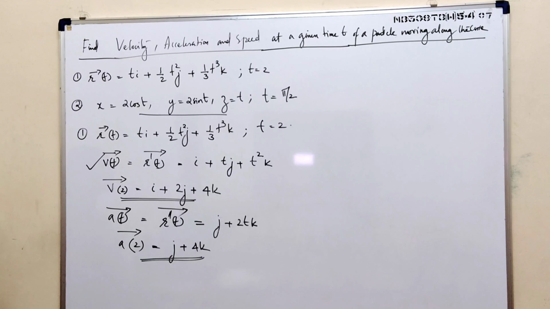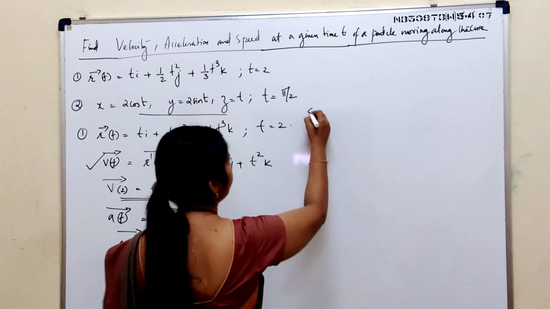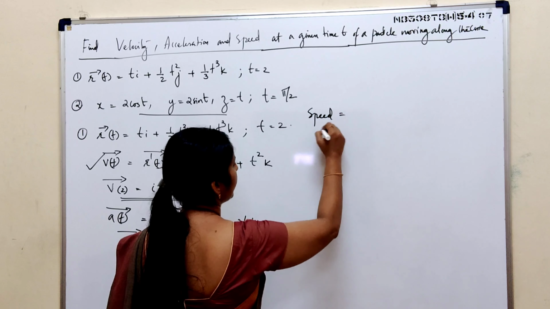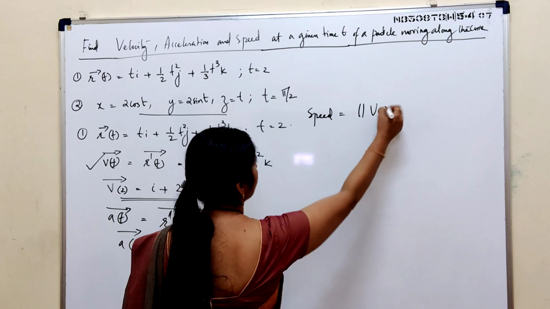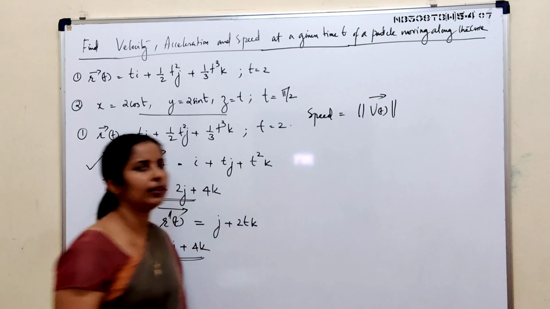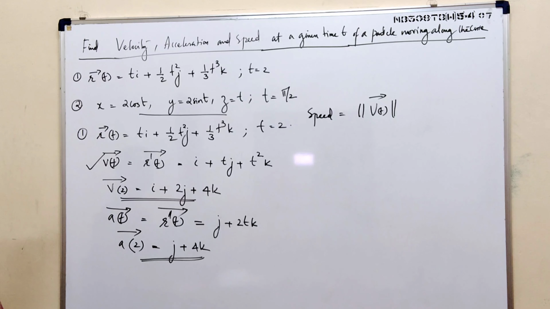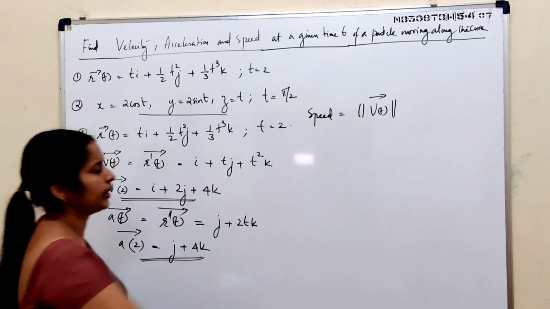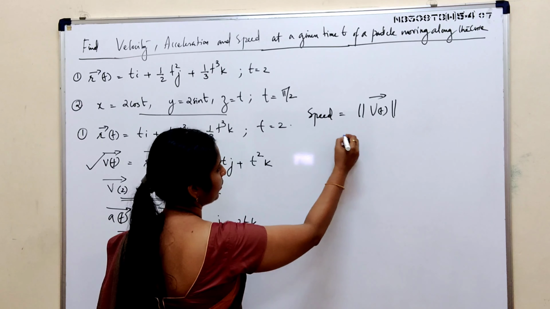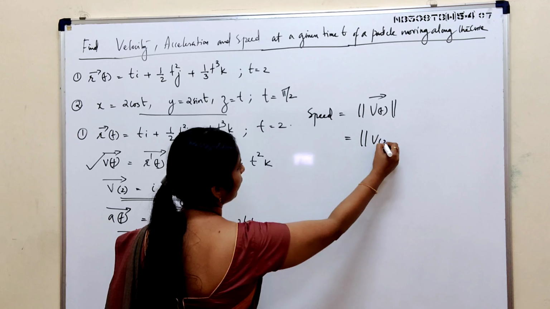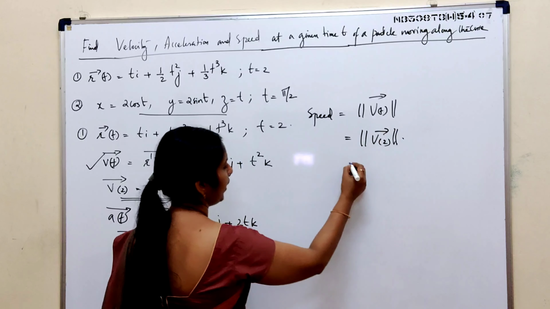Next, we have to find speed. What is speed? Speed is the norm of v(t), that is the magnitude of the velocity. Here we have to find speed when time is 2 seconds. So it is the norm of v(2).